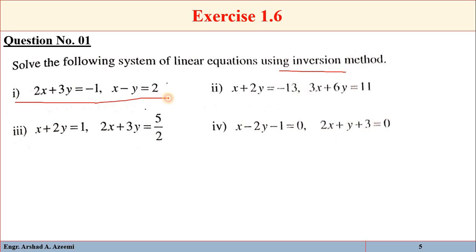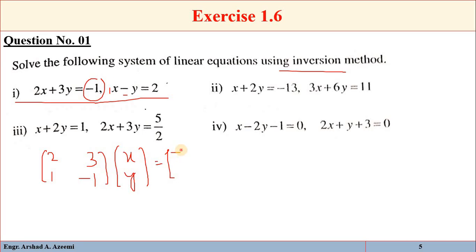For the first question, just write the variables. Suppose this is A, this is B, this is C is 1 and D is -1, so 1 and -1. Write the coefficients multiplied by the X matrix equal to matrix B. Here the constants are -1 and 2.